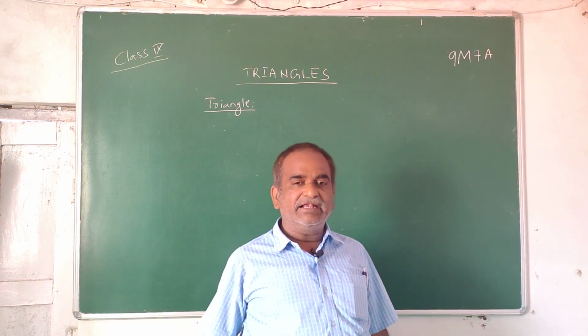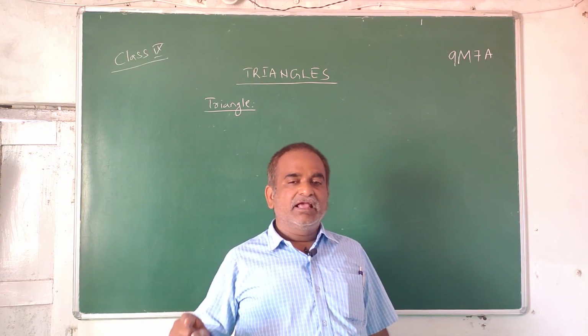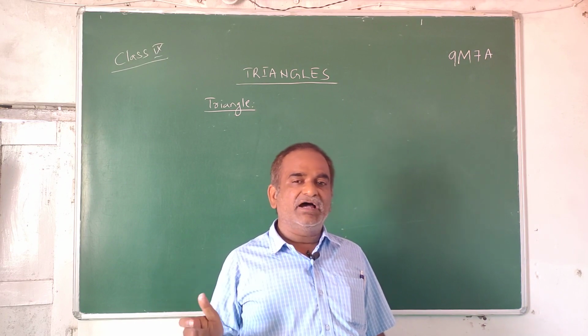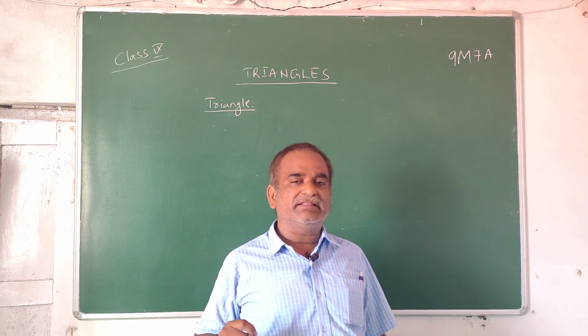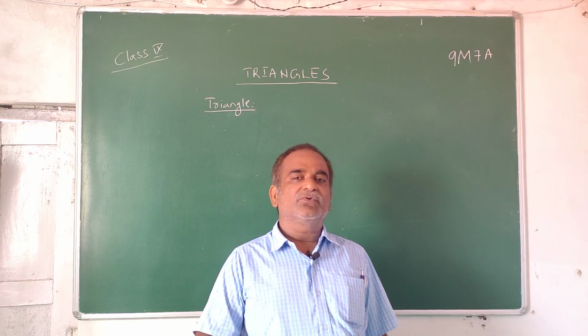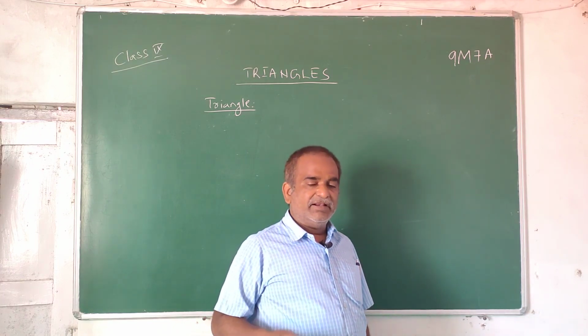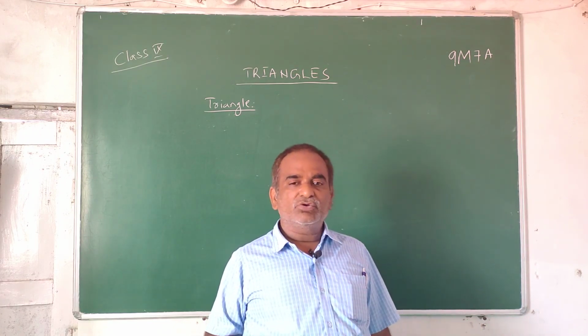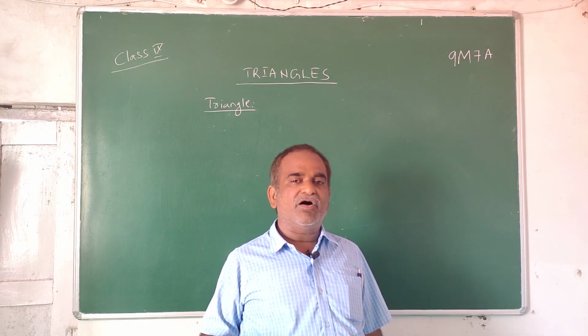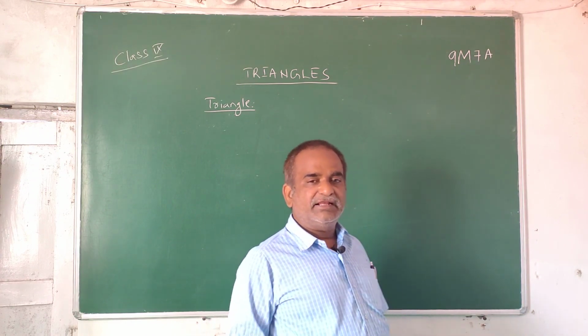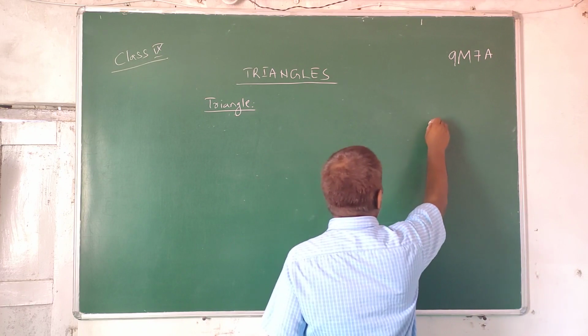What is the definition of a triangle? A closed plane figure formed by three intersecting lines is known as a triangle. Once again I repeat, a closed plane figure formed by three intersecting lines is known as a triangle.